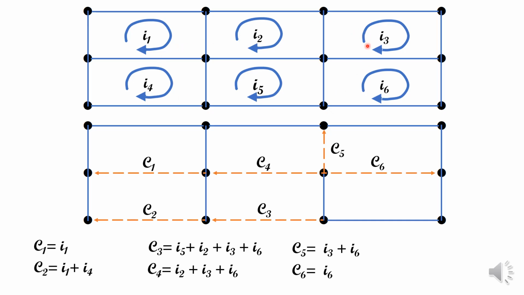So these loop currents are sufficient to express any set of currents in this electrical circuit, satisfying Kirchhoff's laws.